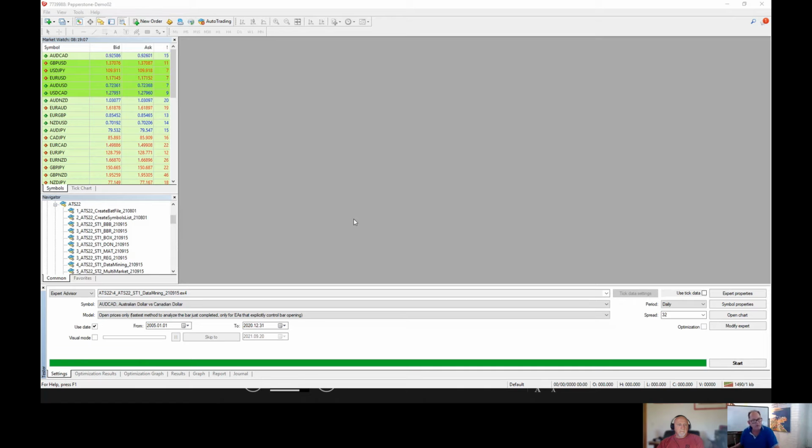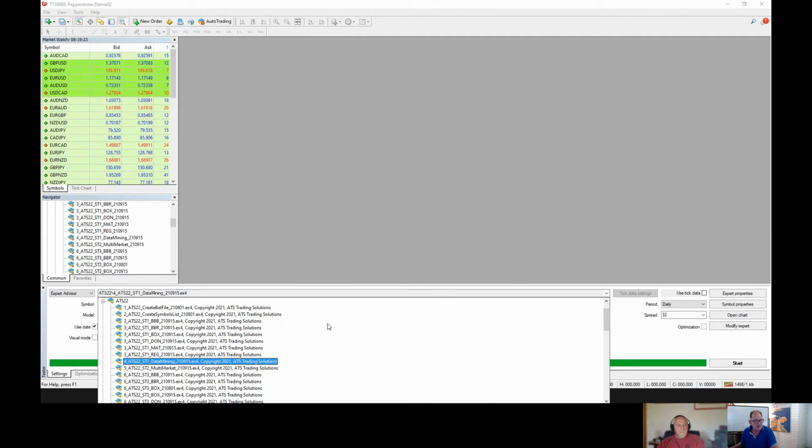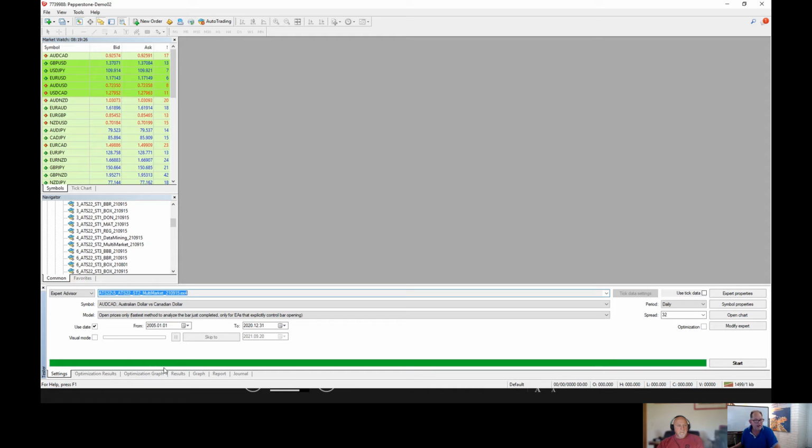But in this step, we're moving to the next EA in the series, which is the multi-market test, which you'll see identified with this particular notation. So we select that algorithm from the series, the multi-market test, and there's nothing else we need to set here as far as the details. Just the expert properties, mate.